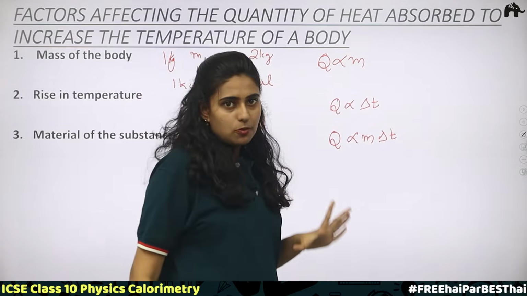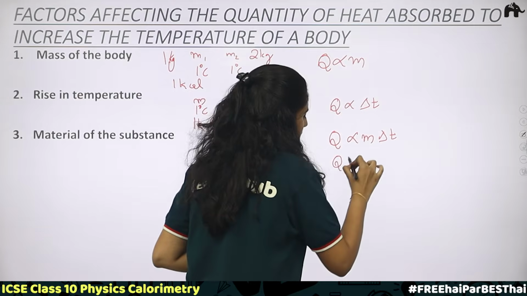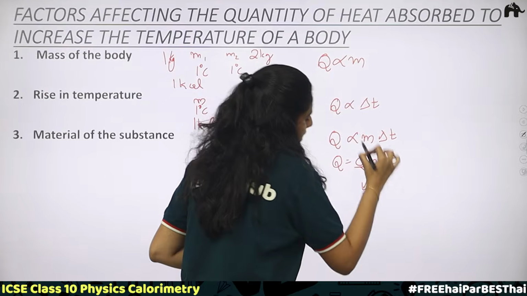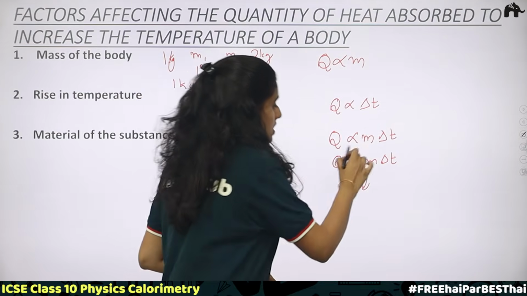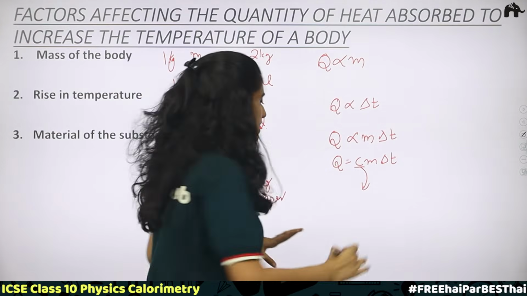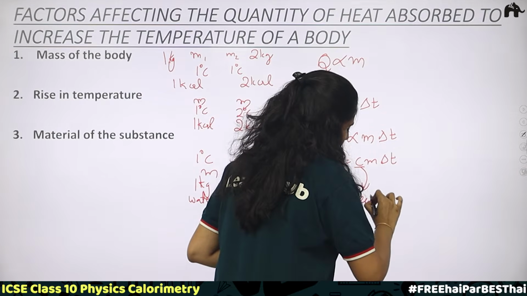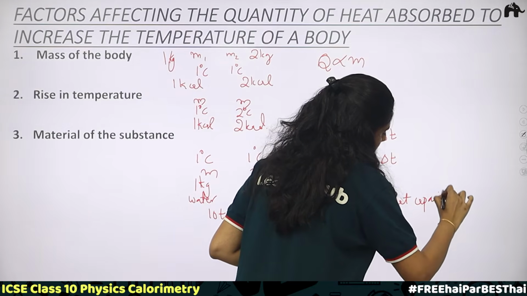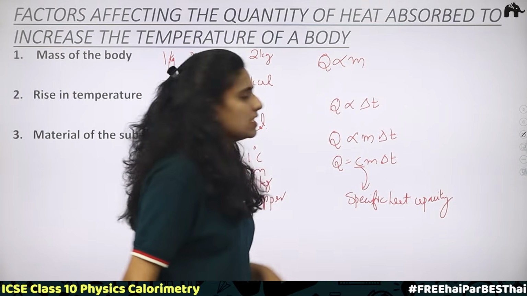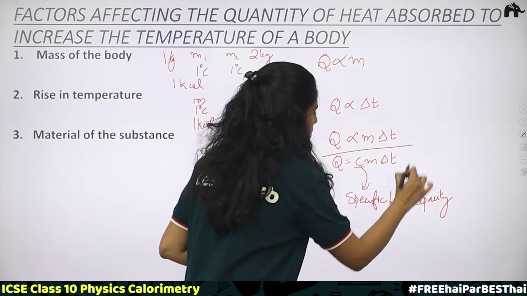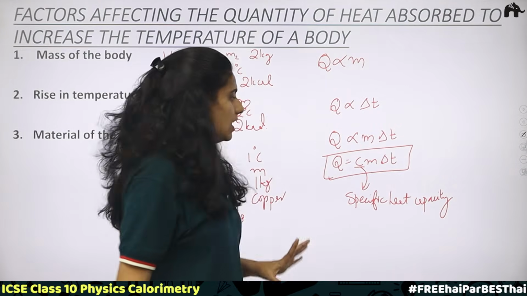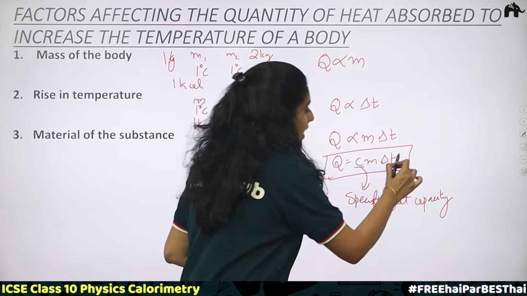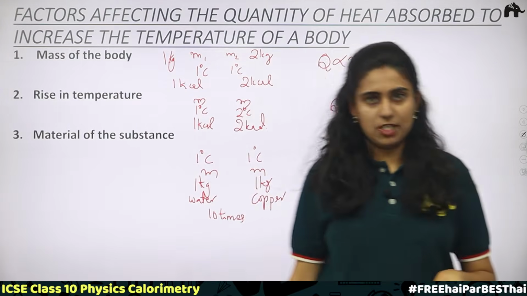In order to remove this proportionality, we will be introducing a constant, so Q = C m delta T. This quantity C, which is introduced to remove the proportionality, is called specific heat capacity of the substance. For each substance there will be a specific heat capacity. So this is the relation by which you can find heat. Q is heat, M is mass, C is specific heat capacity, which is a constant for a material, and delta T is the rise or change in temperature.